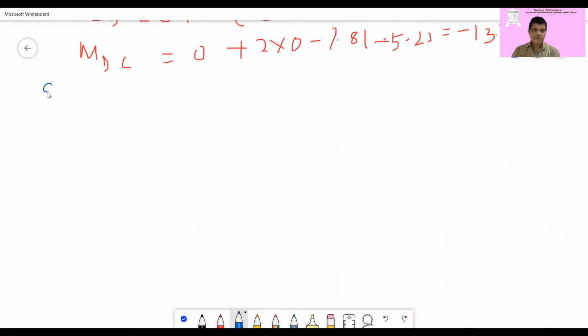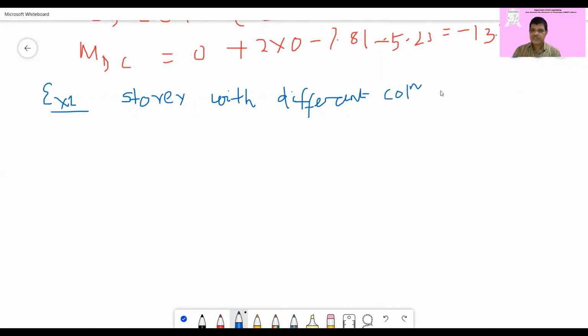Now come to example 2, a story with different column heights. Another problem we are seeing now. First we said a story with the same column height. Now we'll say a story with different column heights.